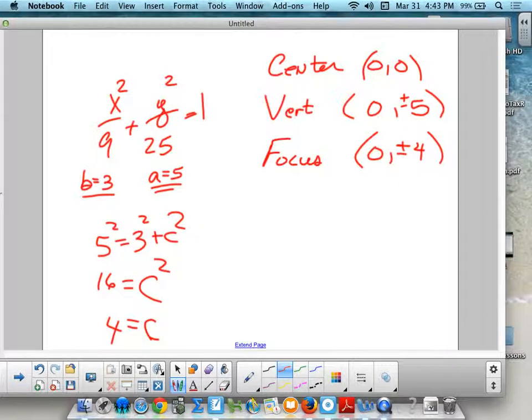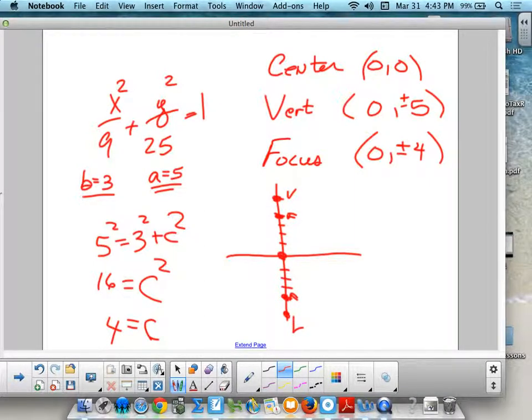Find the vertices, the foci, center, sketch it. Just a quick sketch. It would be something like this. Up 4, 1, 2, 3, 4, focus. 5, vertex. 1, 2, 3, 4, focus, vertex.